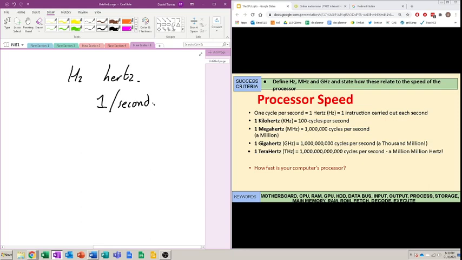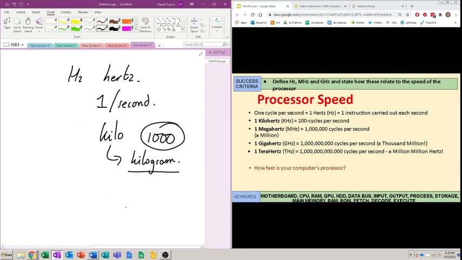In a computer, we also have several different measurements. You may have heard of these previously. So we've got the idea of a kilo. Now, you'll have heard of this, hopefully, from stuff like kilogram. A kilo means 1,000.